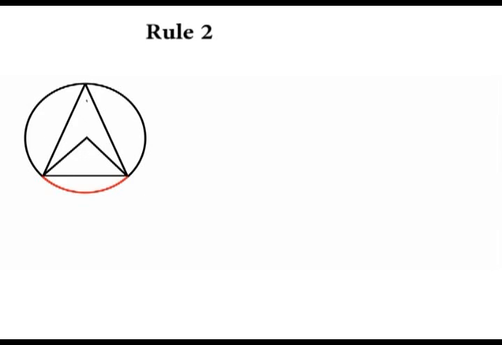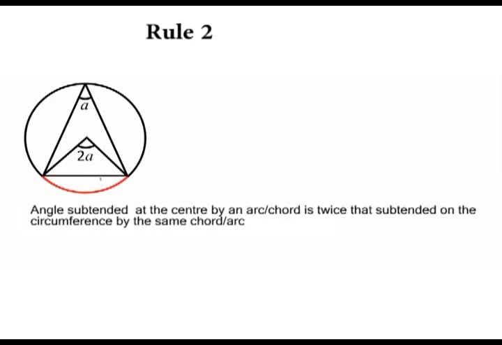The rule is the angle at the center of the circle is twice as big as the angle on the circumference. So if this is A, this angle at the center will be 2A. So the angle subtended at the center by a chord or an arc is twice the angle subtended by the same arc or chord on the circumference of a circle.